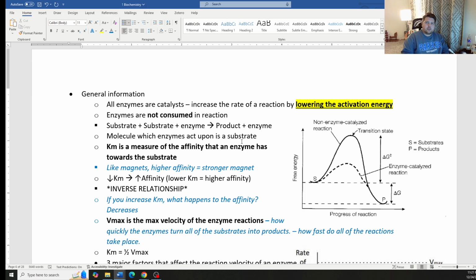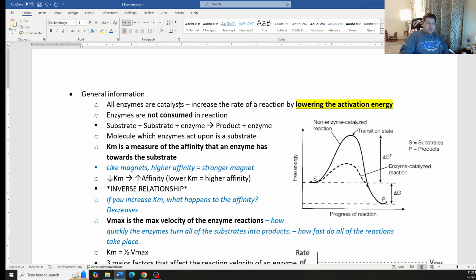For every single reaction that's about to take place, it requires a certain amount of energy to be put in order for that thing to happen. Whether that be putting energy in order to form a bond, or putting more energy in to be able to break a bond somehow. Everything requires some type of energy to make it happen.